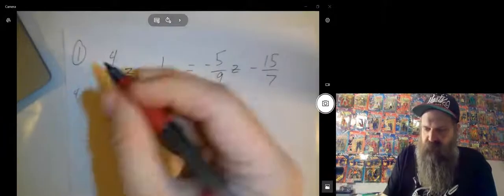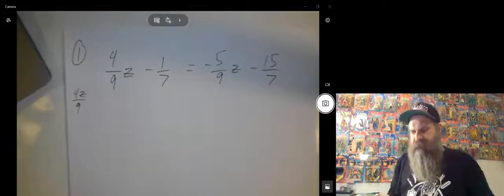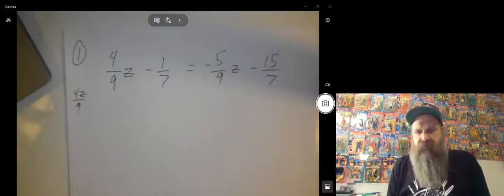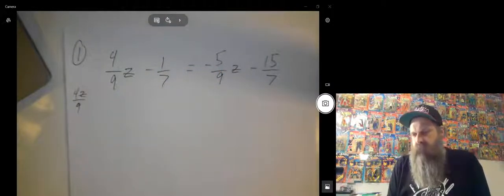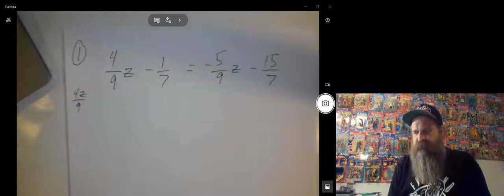Real quick, we can think about this as 4z over 9 and negative 5z over 9, if that helps. We can move that variable into the numerator as we work it out.